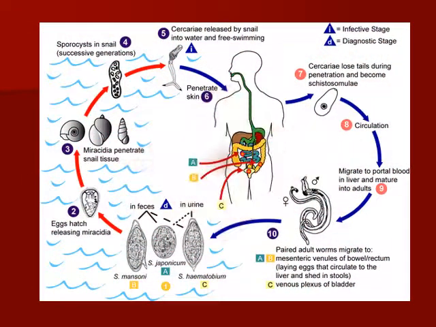This is a diagram for the life cycle of the three main species of Schistosoma. A, for Schistosoma japonicum, we can see here that it affects the small intestine, the lower ileum, and the ascending and transverse colon. Here we can see the area for Schistosoma japonicum.